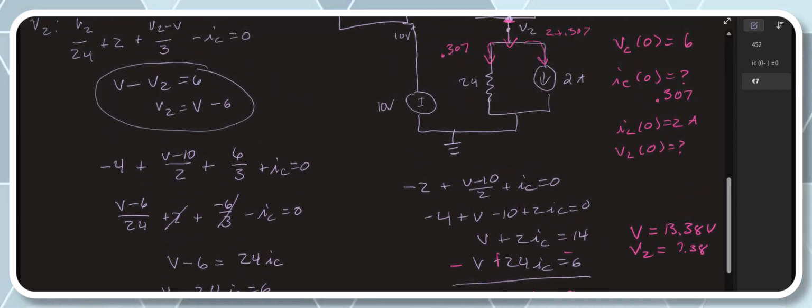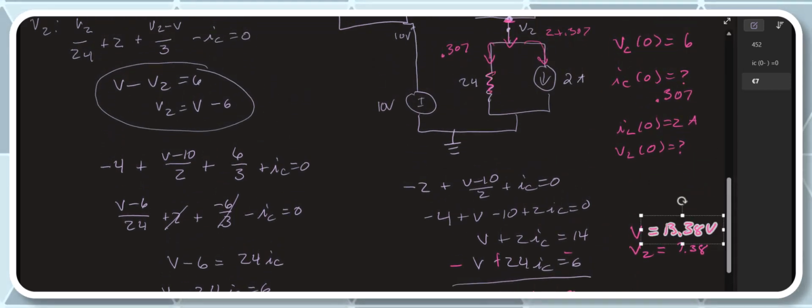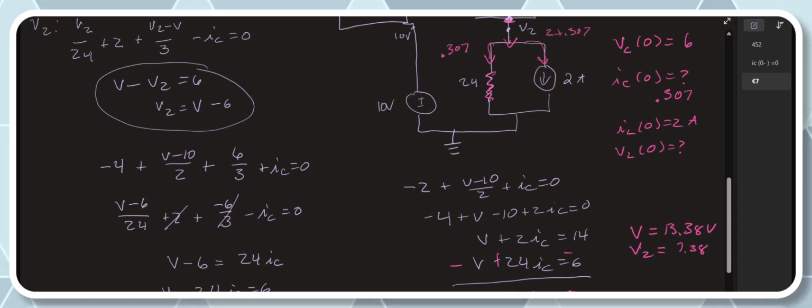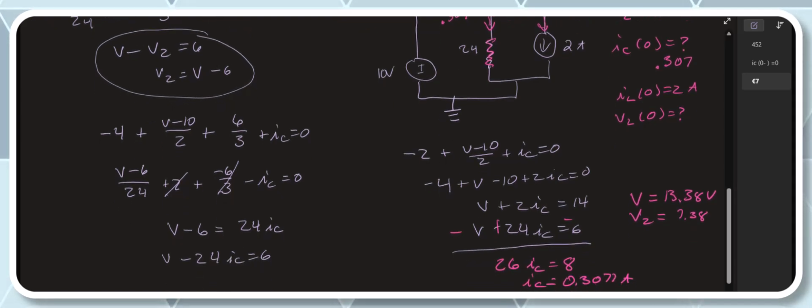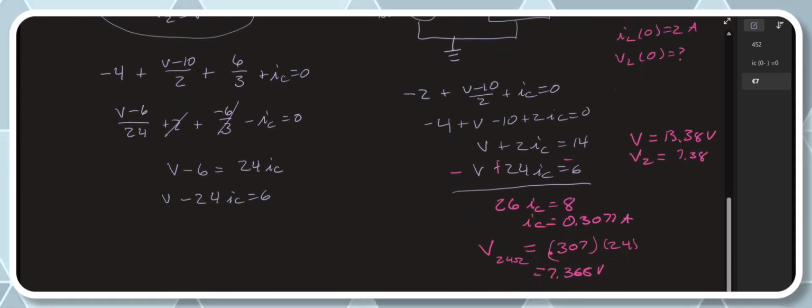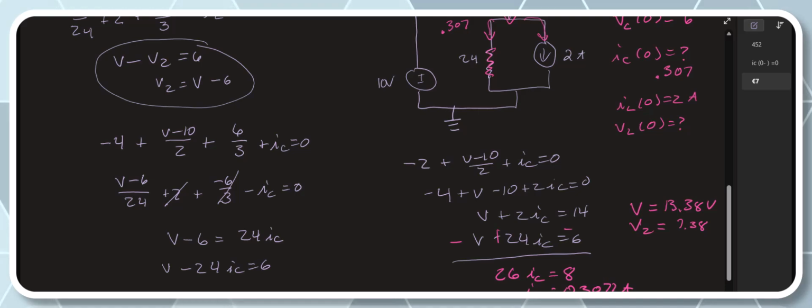This resistor is in parallel with the 2 amp current source, and so the voltage across those 2 elements has to be the same, 7.366 volts.